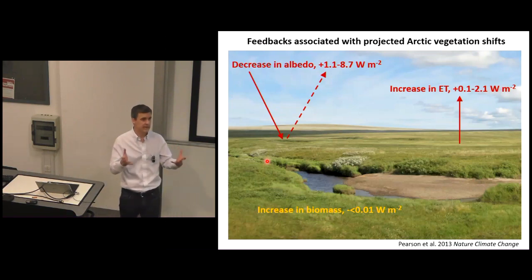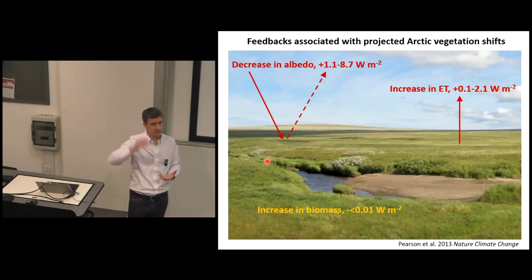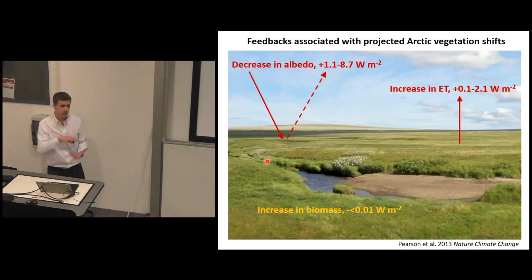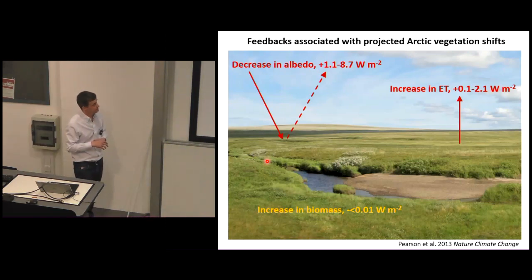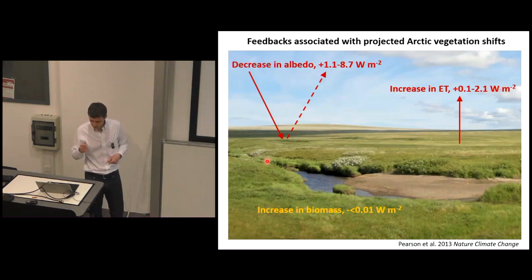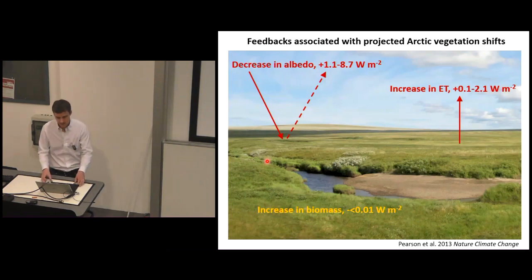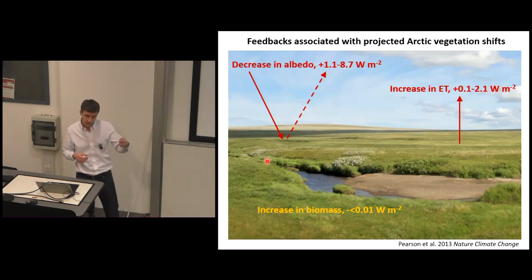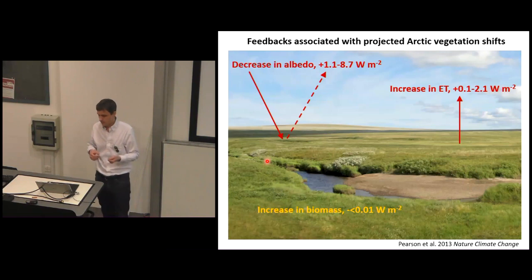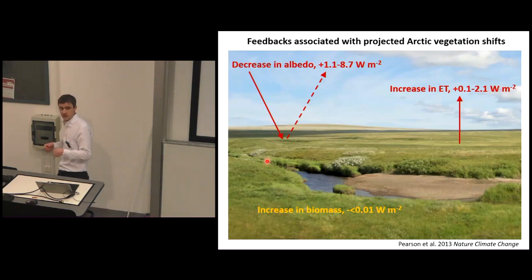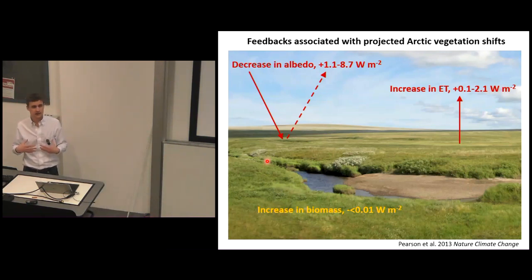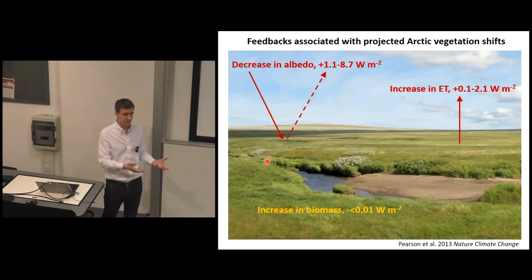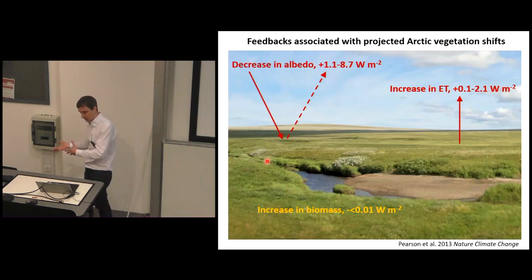So ice has a really high albedo. It reflects most of the radiation back into space, whereas a tropical rainforest canopy will absorb most of the radiation. So what we can work out is one of the key feedbacks here is through albedo. It's a positive feedback because the more shrubs you have, the lower the albedo is, which means that more radiation is absorbed by these environments, which means that you get more warming, which means that you get more shrub growth, which means that you get lower albedo, more radiation.